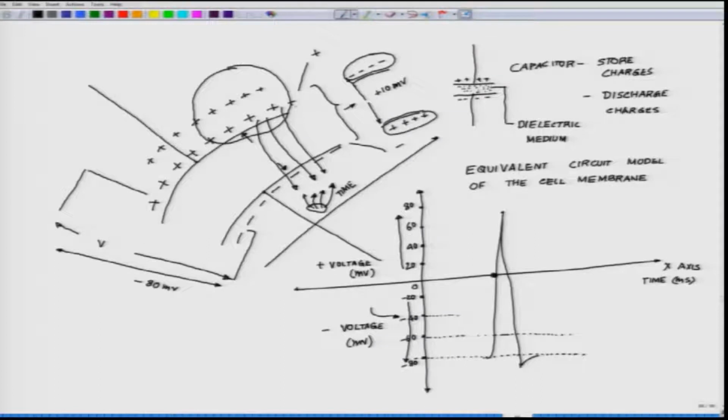So, the only other likely option in this game is this: a huge amount of positive charges like a drift, like a wave.